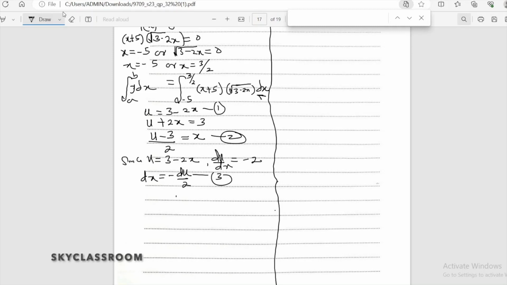We're also going to change our x limits to be in terms of u. This and this must be in terms of u.